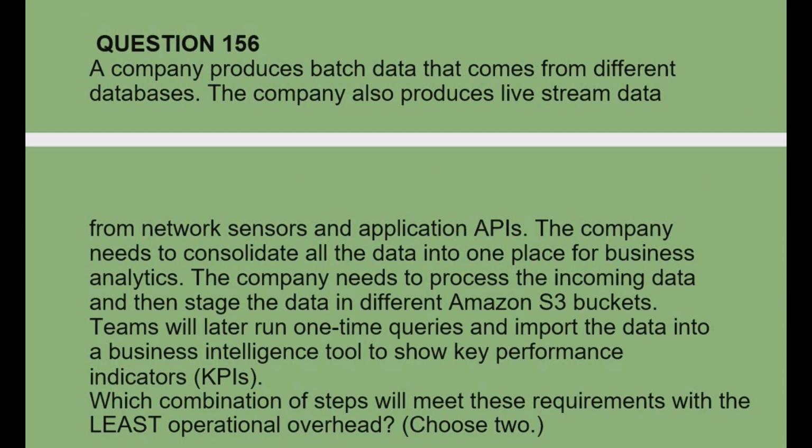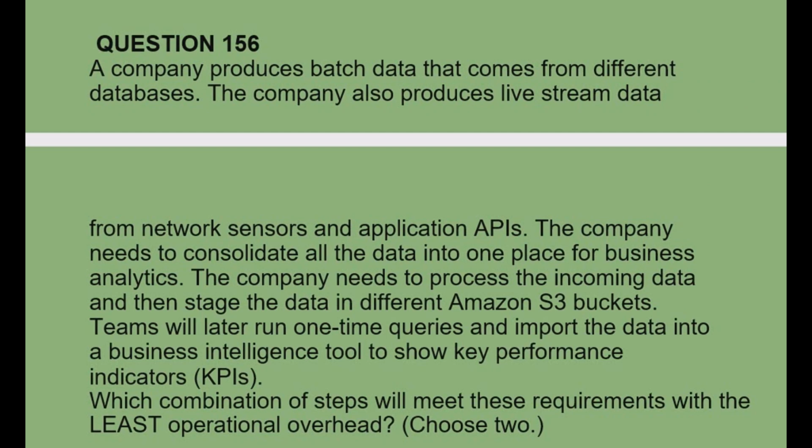Question is, a company produces batch data that comes from different databases. The company also produces live stream data from network sensors and application APIs. The company needs to consolidate all the data into one place for business analytics.